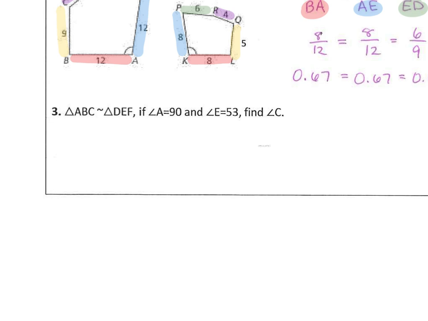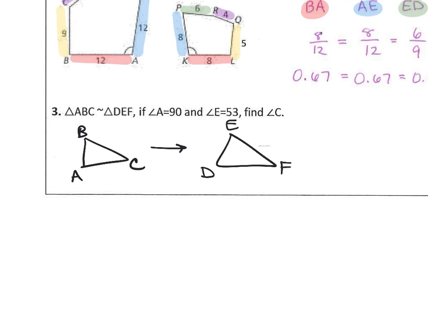Here we go. It says triangle ABC is similar to triangle DEF. So let's draw. It's amazing to always draw an image. So our old one is going to be labeled A, B, C. And our new one is going to be labeled D, E, F. Now, because I know that they're similar, I can draw arc marks to make them look similar.